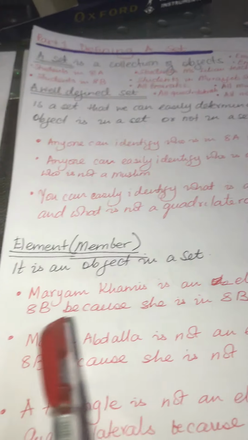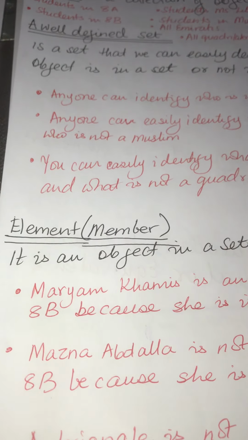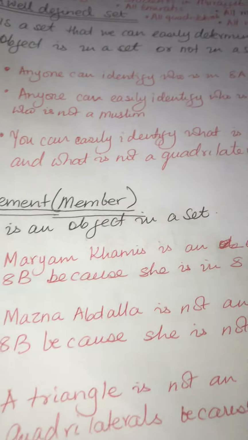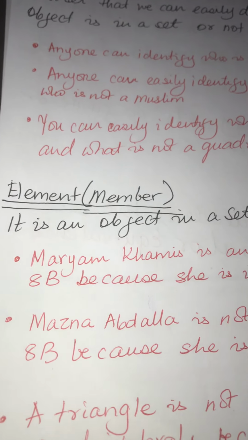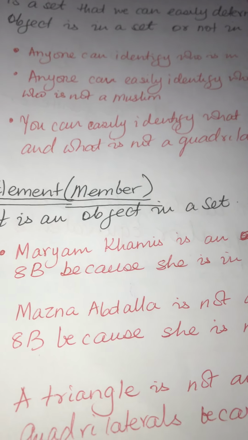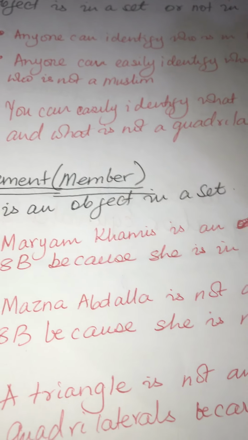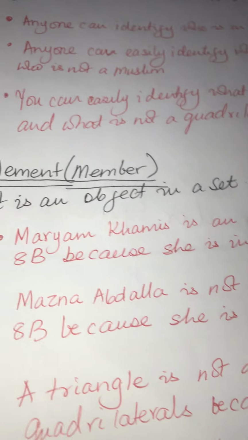Now, let us think about what an element is. If you belong to the set, then you're an element of that set, or a member of that set. 8A has 30 elements because there are 30 girls in 8A, and I know all the 30 girls.